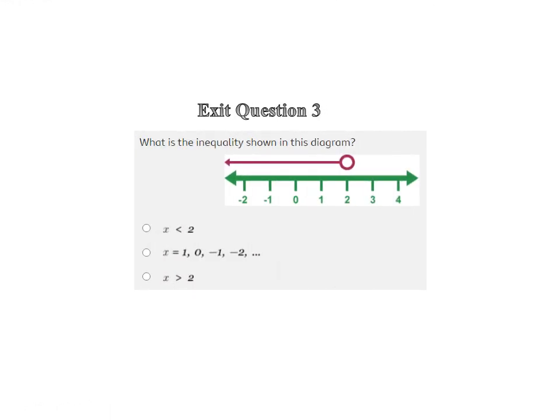And here is the last exit question I would like you to try for me. I am looking forward to seeing the answers to the 3 exit questions on Show My Homework later today.